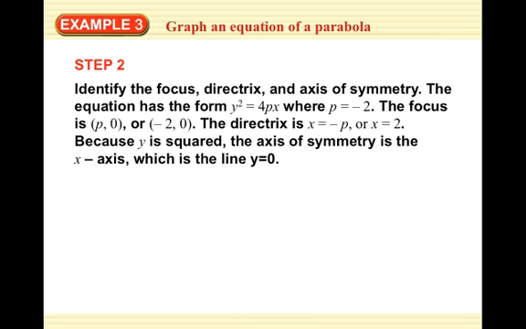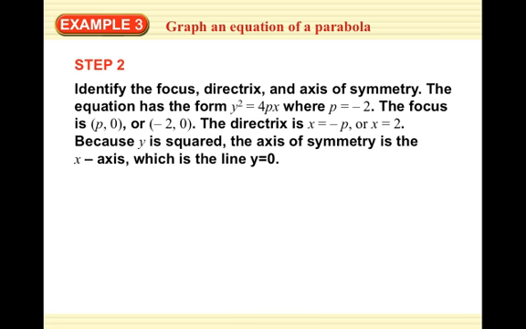The directrix is x equals negative p, so in this case it's x equals negative 2. Because y is squared, the axis of symmetry is the x-axis, which is the line y equals 0. You don't have to write out the "because y is squared" part, but that's why we have that axis of symmetry.